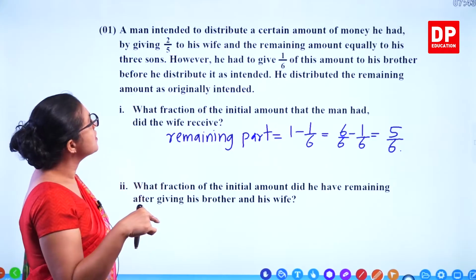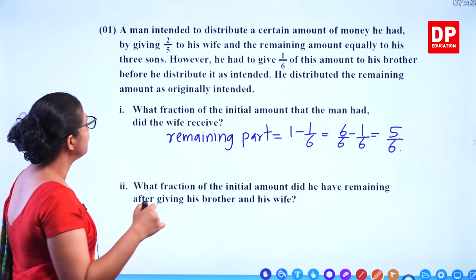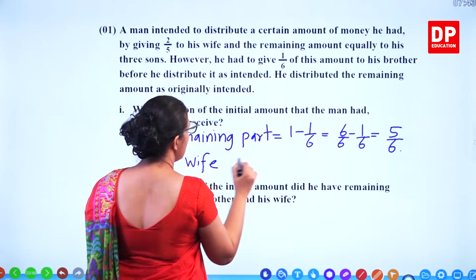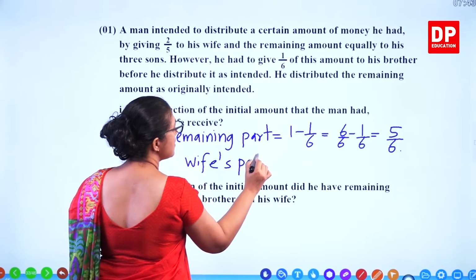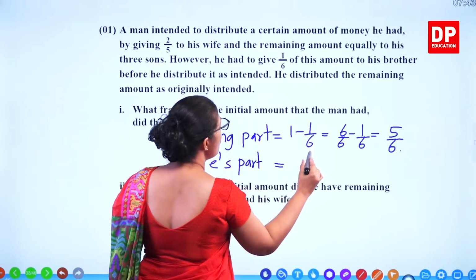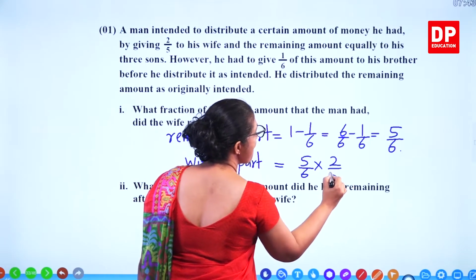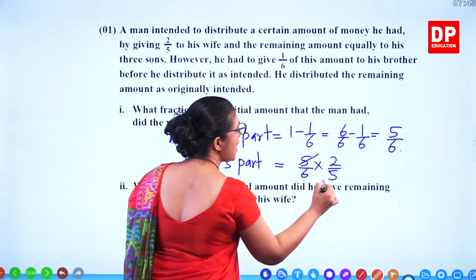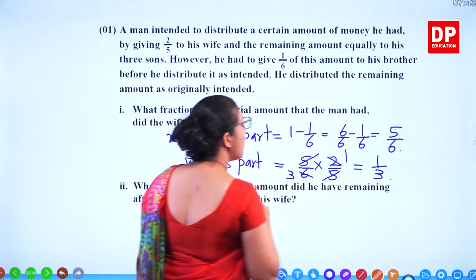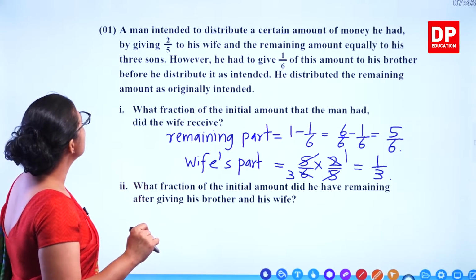And 2/5 of the remaining part goes to his wife. So the wife's part is 2/5 of 5/6, the remaining part. 5 gets cancelled out and you get 1/3. So what's the wife's part? 1/3 of the full amount. So that's the first part.